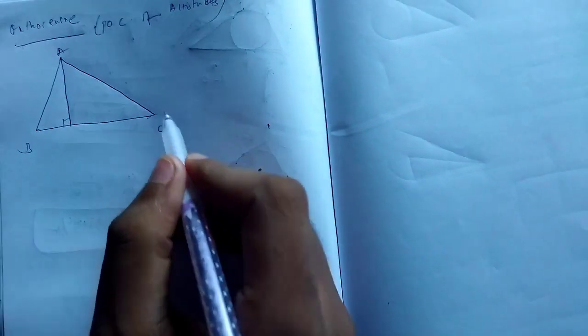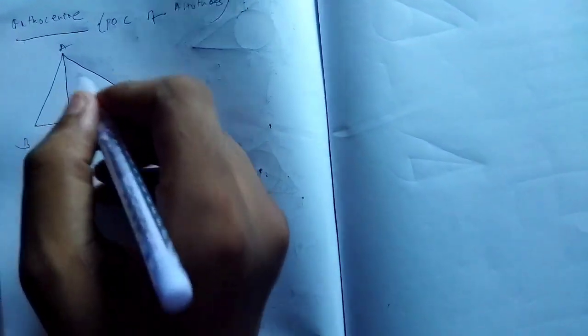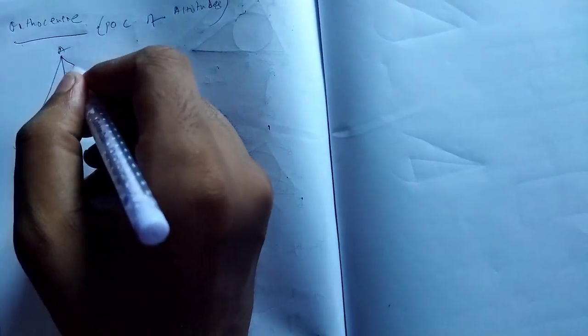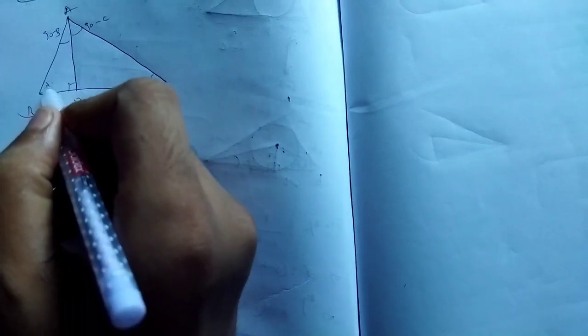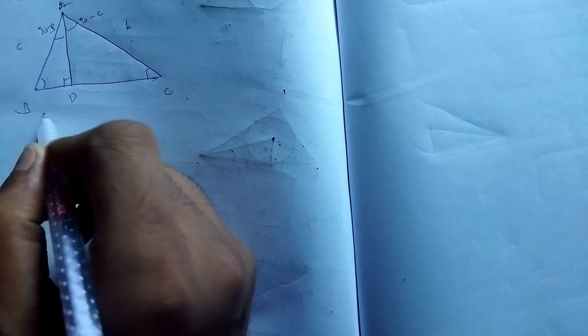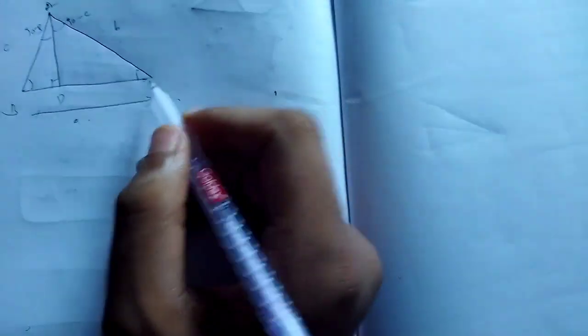Let us draw an altitude to triangle ABC. Let it be D. If it is C, it will be 90 minus C. If it is B, it will be 90 minus B, right? And this is small b, this is small a.